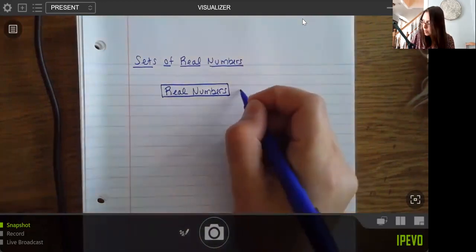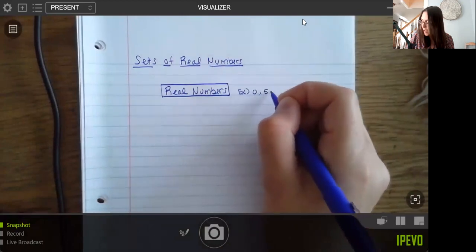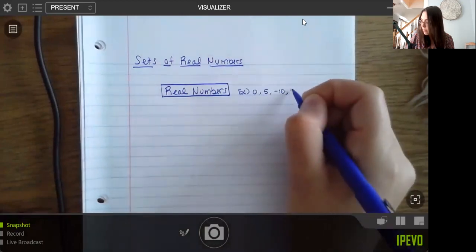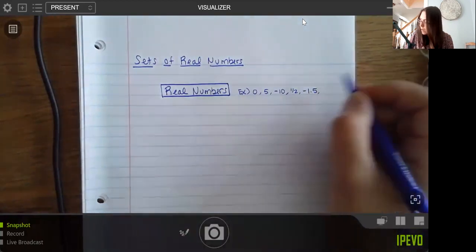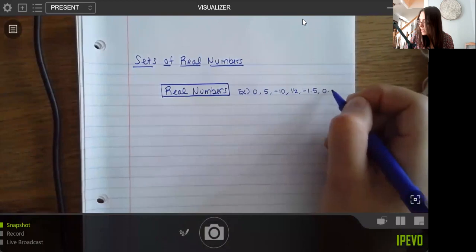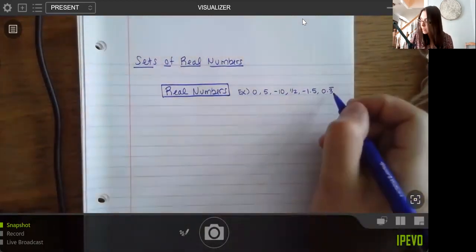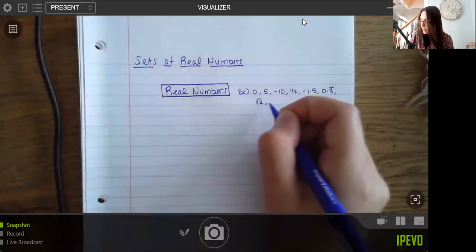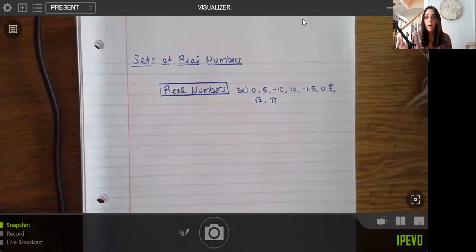So examples, things like 0, 5, -10, you have fractions there, you have decimals, you can have repeating decimals, etc. So really anything here. You can even have things like roots, square root of 2. You can have numbers like pi, which we know is about 3.14. You can use a calculator to figure out that one, and so on. So your real numbers incorporate all of these.